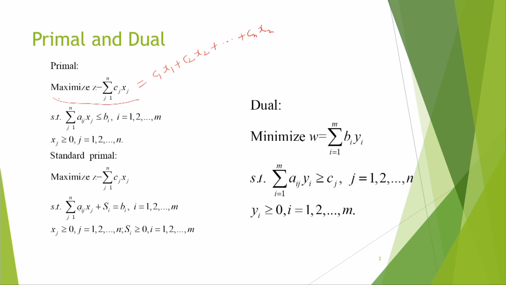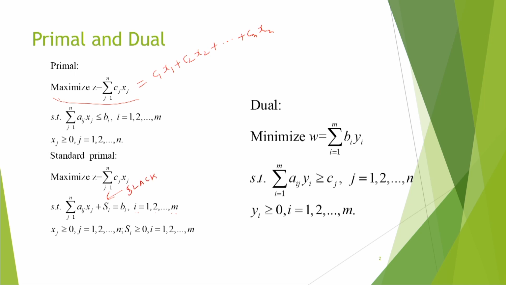But this was a smaller than or equal to constraint; you make it an equality constraint, then it is in standard form. So, it becomes the sum from j equal to 1 to n of Aij xj plus Si equal to Bi, for i equal to 1 to m. Therefore, you have m equations. In each equation there are n variables, and we introduced Si as an extra variable. This is called the slack variable.